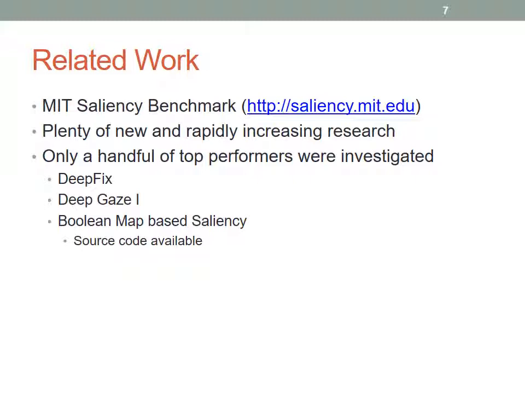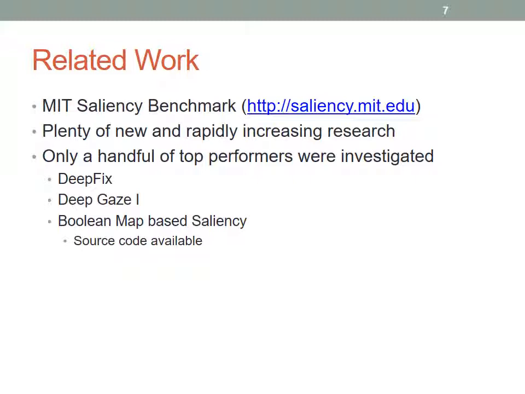From there, you can see that the people that put together that website are actively doing research. The paper I was talking about with center bias is going to be presented at ICCV in 2015, so that's a fairly new concept, and research is still ongoing. There are a lot of algorithms on that website, and I only focus on the top performers: DeepFix, DeepGaze one, and Boolean map-based saliency.